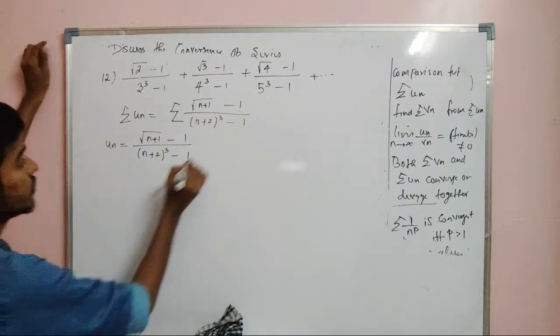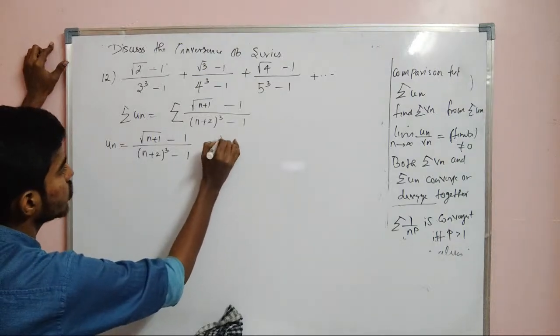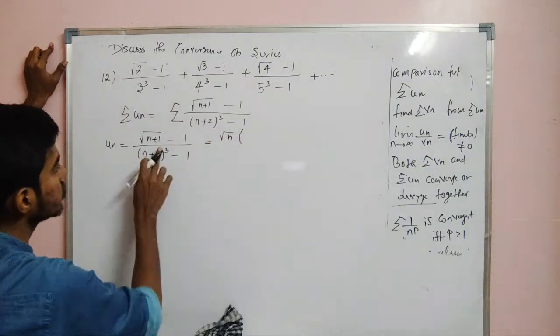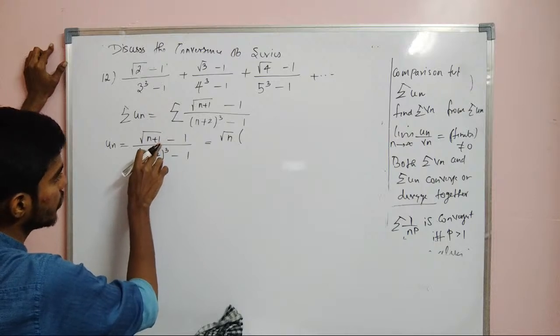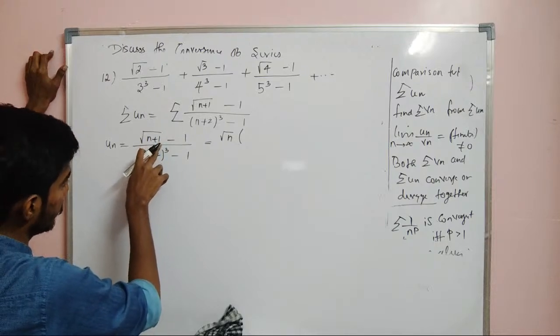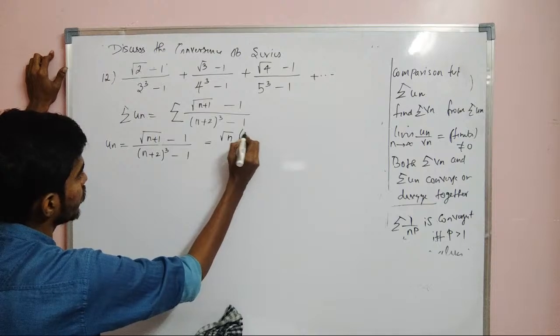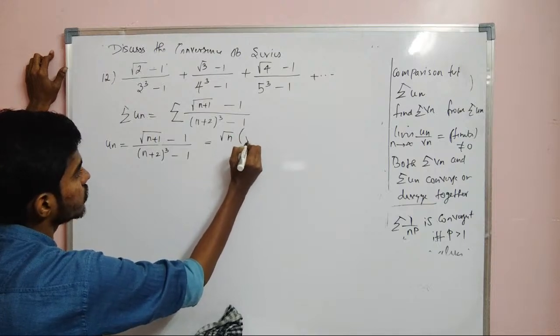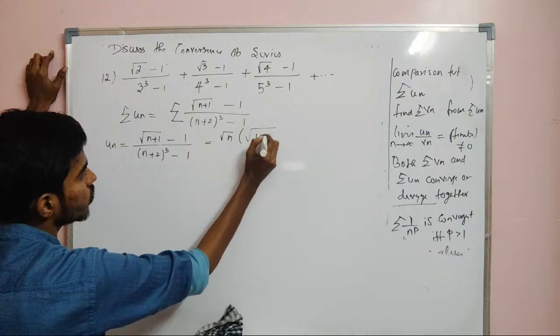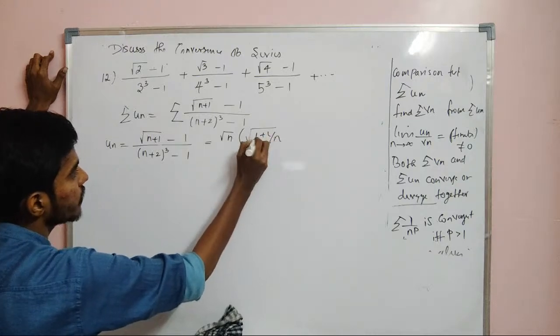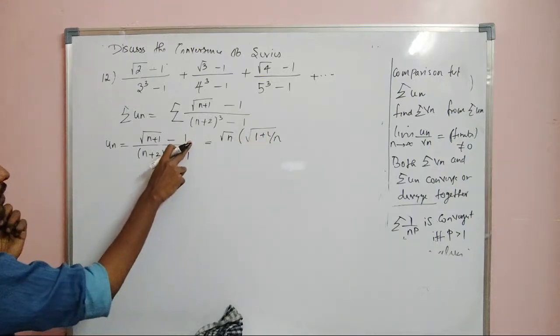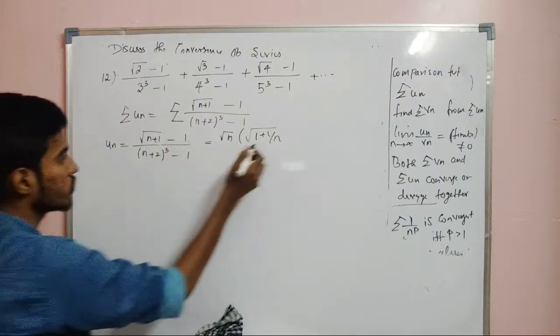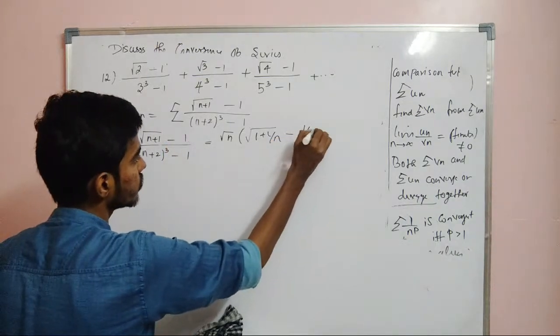What I will do is take root n common in the first term. So this will be the square root of 1 plus 1 by n, and here we don't have root n, so we divide this by root n.